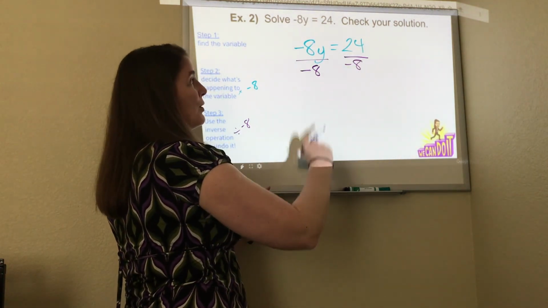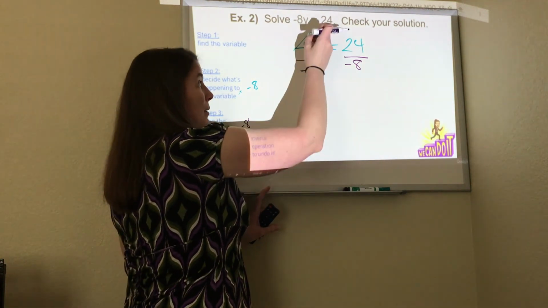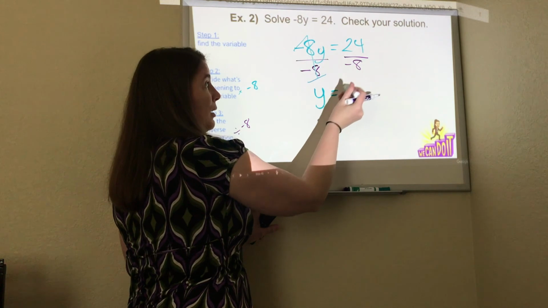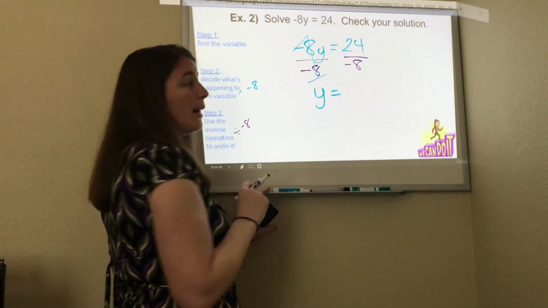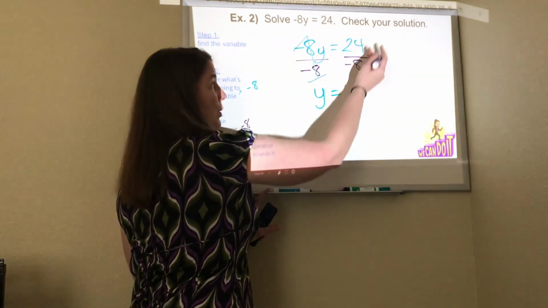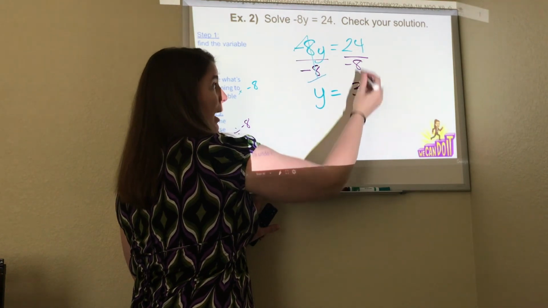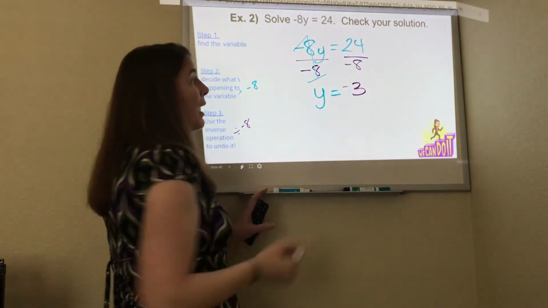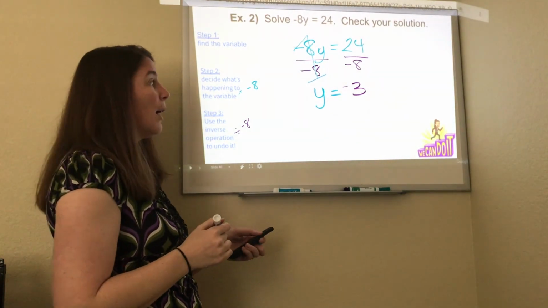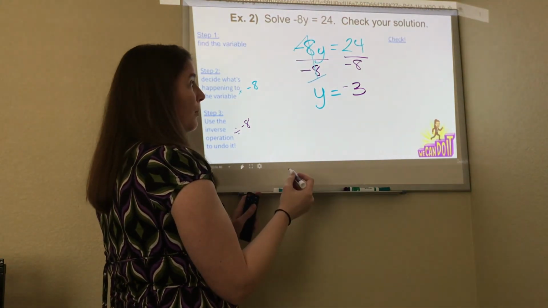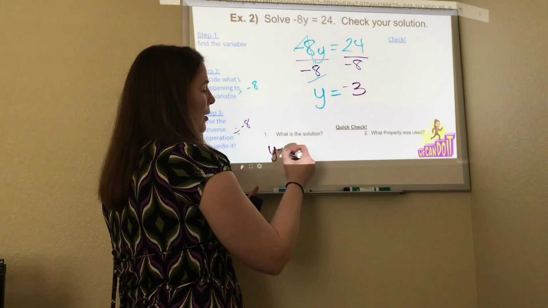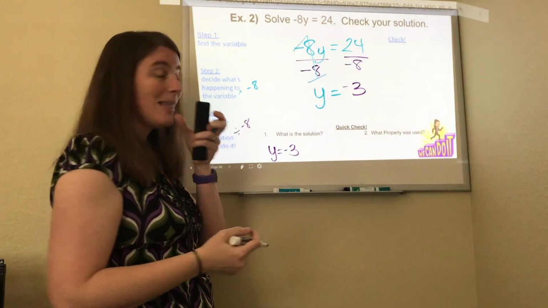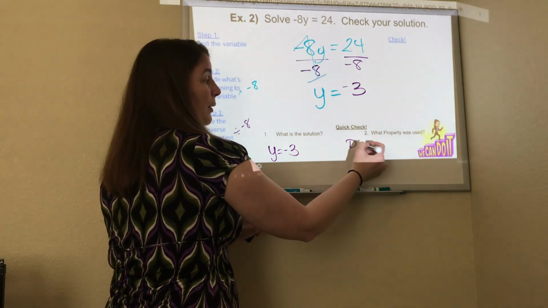So what happens to your negative 8 divided by negative 8? That's your giant 1. So I'm left with y equals, and then 24 divided by a negative 8. Well, 24 divided by 8 is 3, and a positive divided by a negative is just a negative. So I have my solution as y equals negative 3. And then what property did I use? The division property of equality.